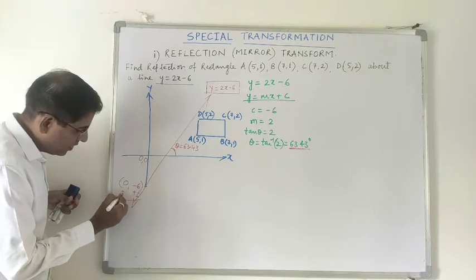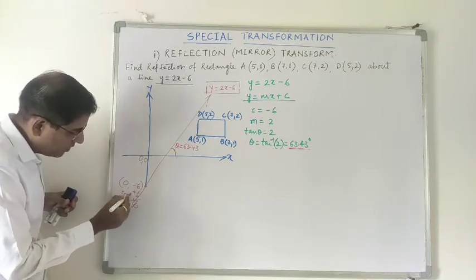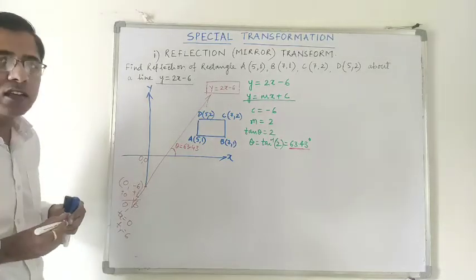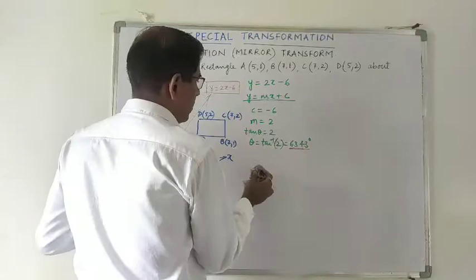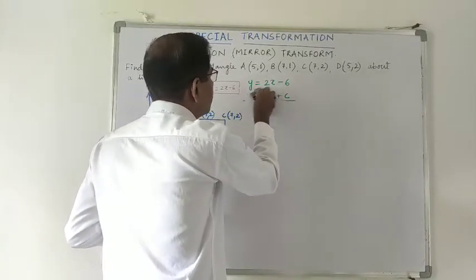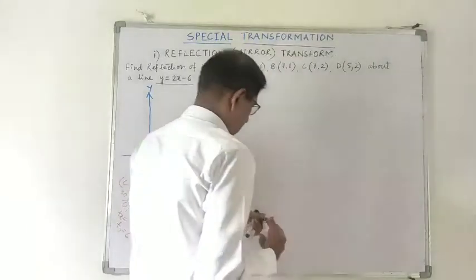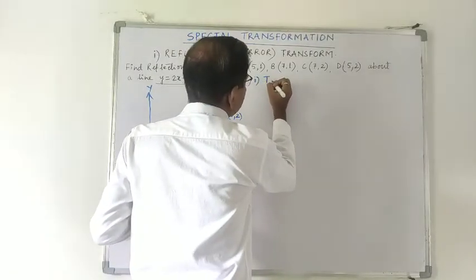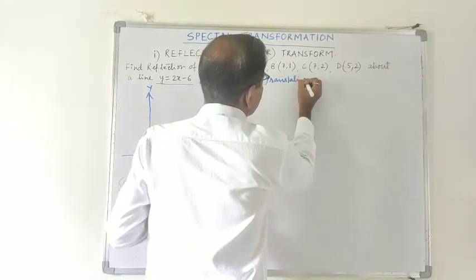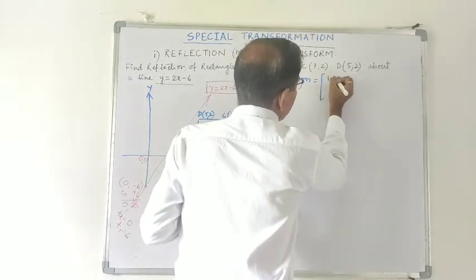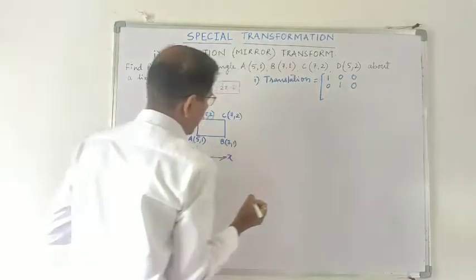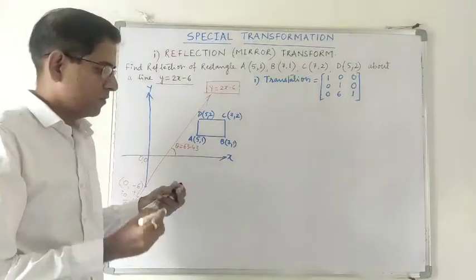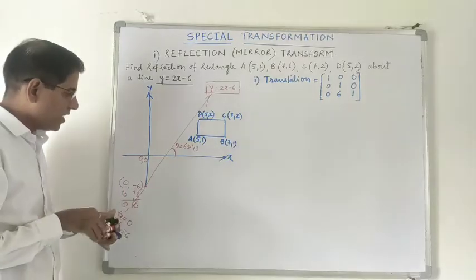So the value of tx is 0 and the value of ty is 6. The first transformation is translation, and the translation matrix is 1 0 0, 0 1 0, 0 6 1.